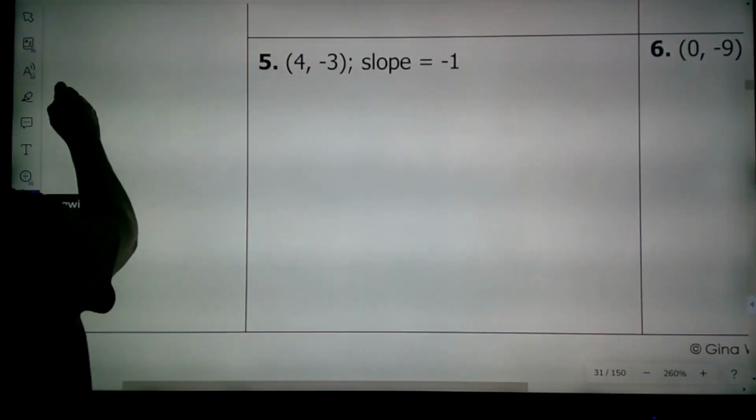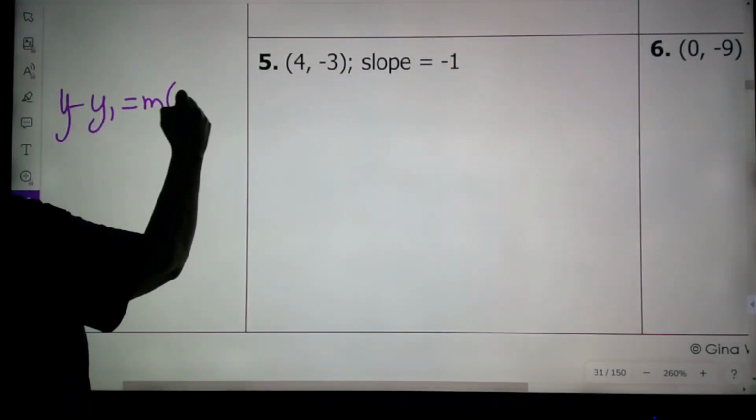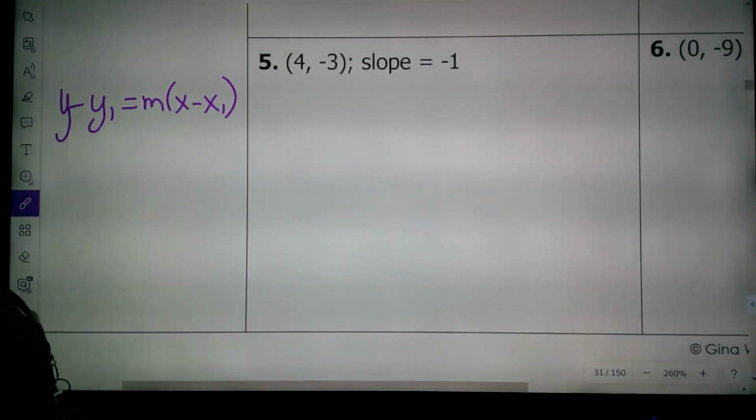Alright? y minus y1 equals m times x minus x1. This is just like the other formulas.